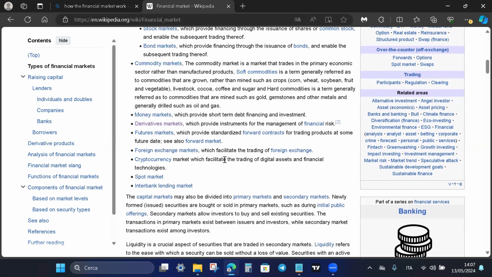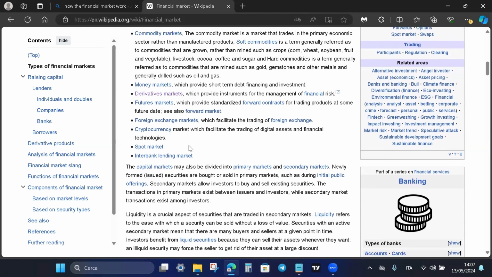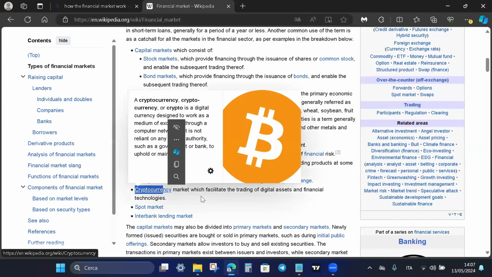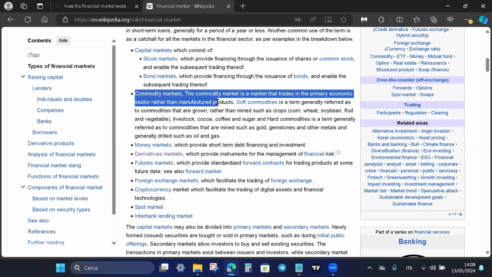Cryptocurrency, which facilitates the trading of digital assets and financial technologies. Spot markets and interbank lending markets. What I suggest to focus on is stocks, derivatives, futures, forex, and crypto. I'm not a big fan of commodities.